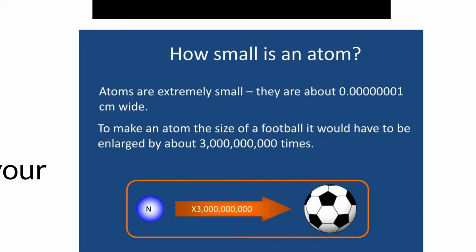They are about 0.000000001 centimeter wide. To make the atom the size of a soccer ball, it would have to be enlarged by about 3 billion times. That's just how small an atom is.